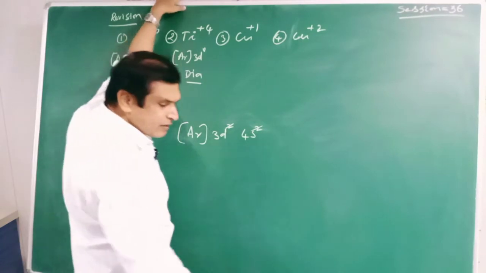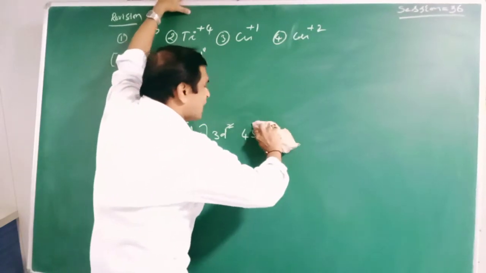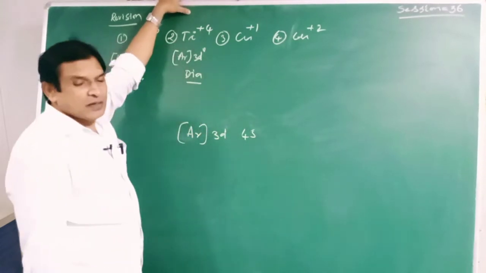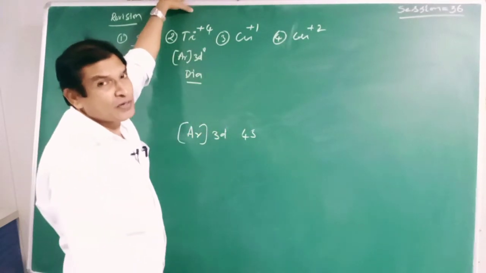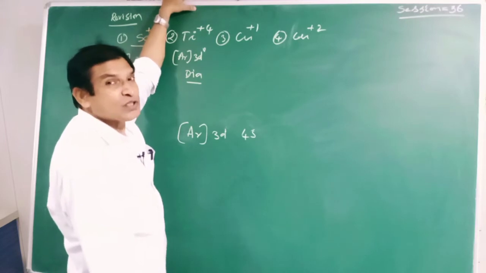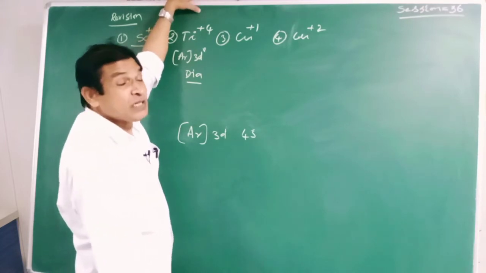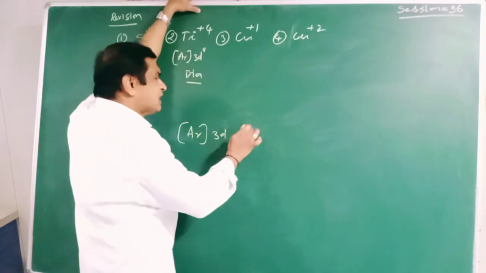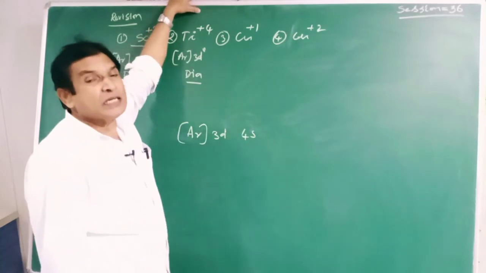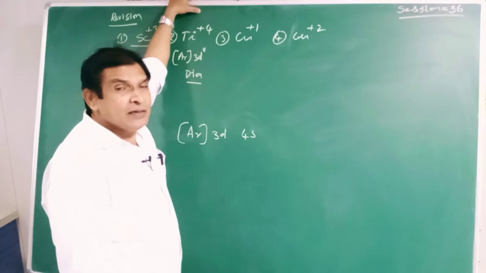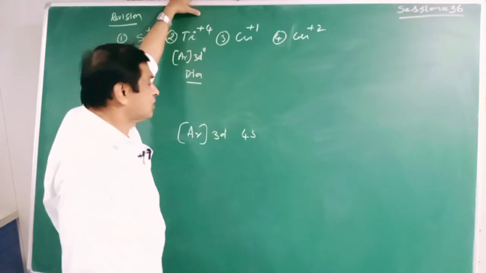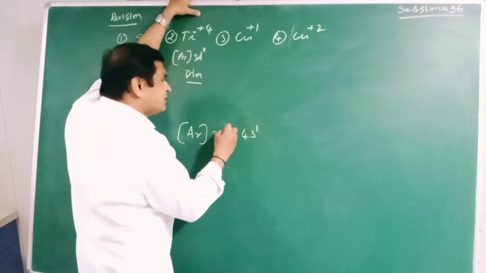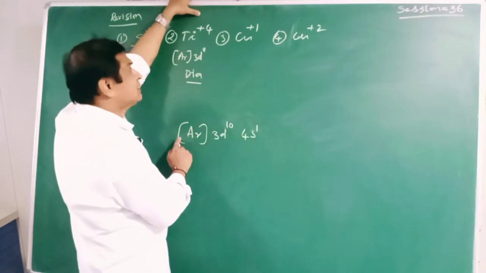Copper plus 1 configuration. The atomic number of copper is 29, and we know that copper shows anomalous electron configuration, a deviation from the Aufbau principle. According to the significance of Hund's rule, completely filled d orbitals are more stable than the normal configuration, so it shows 4s1 3d10.